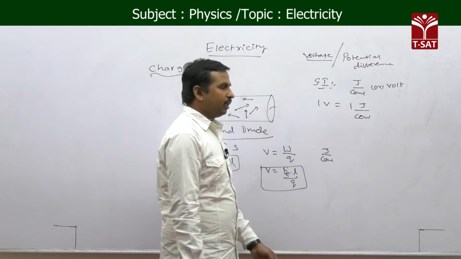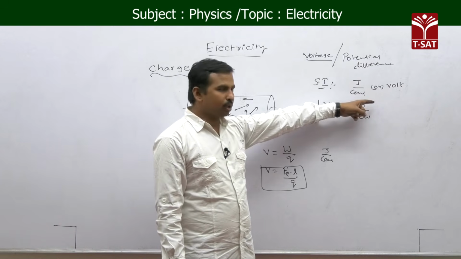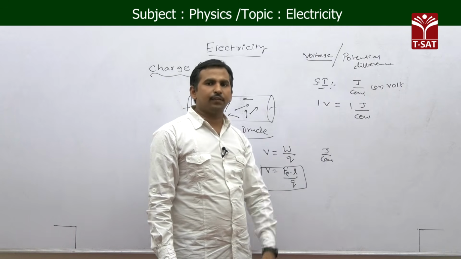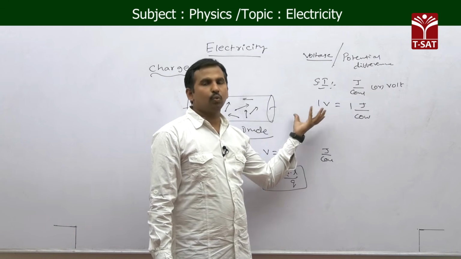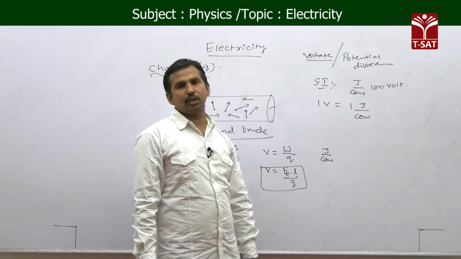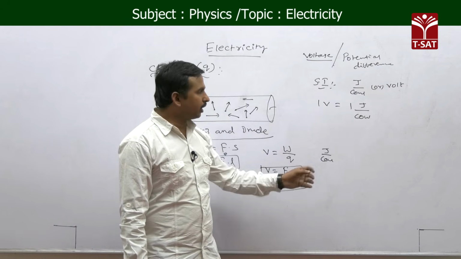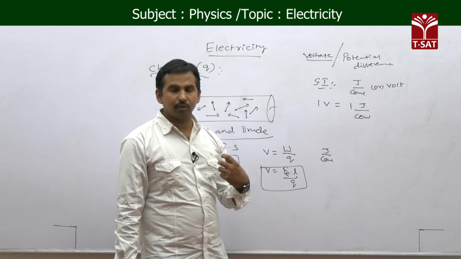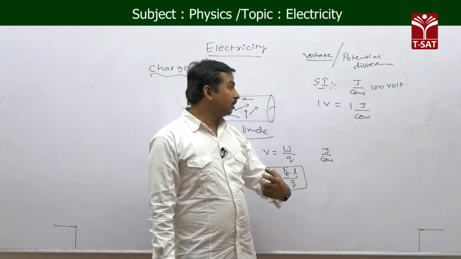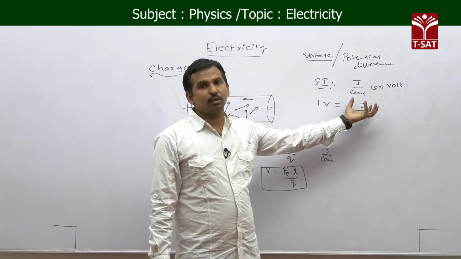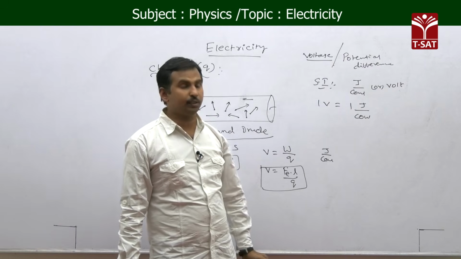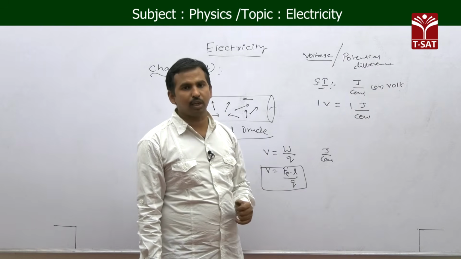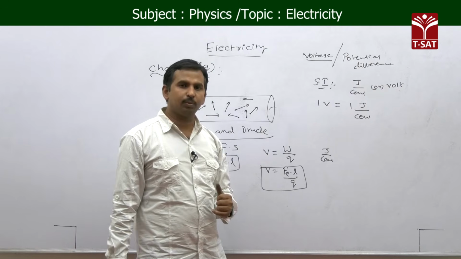If you are doing a work of 1 joule on 1 coulomb of charge, then the potential difference maintained there is 1 volt. The work required to move a charge of 1 coulomb is 1 joule, so the potential difference maintained is equal to 1 volt. That is the unit.